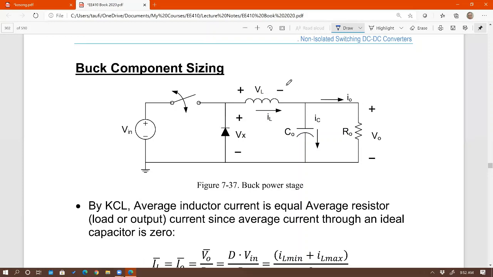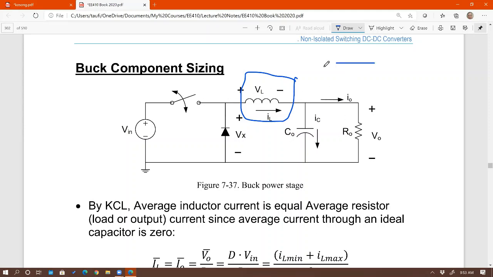Now, the very first thing that you need to size for a buck, boost, and buck-boost is this component right here. The inductor is a very important component, because it will affect the operation of the circuit. It will affect how you size the diode, the switch, the capacitor, and the rest of the components.